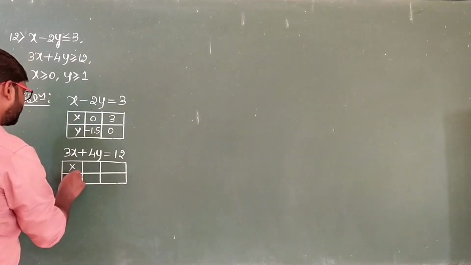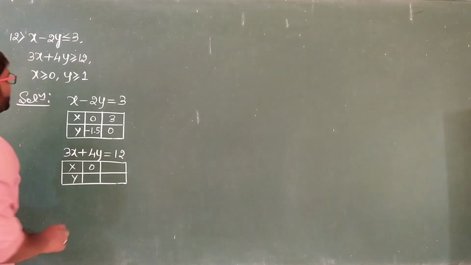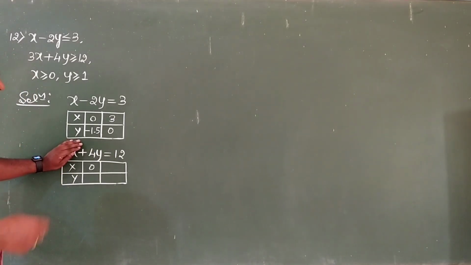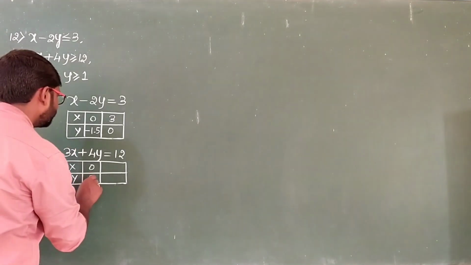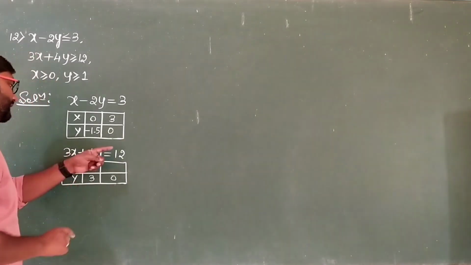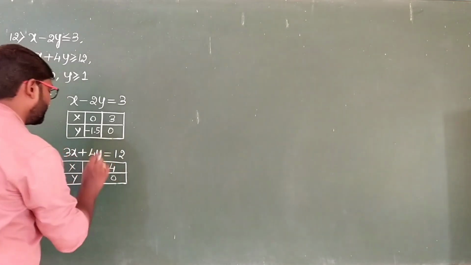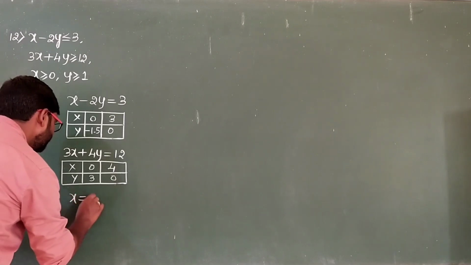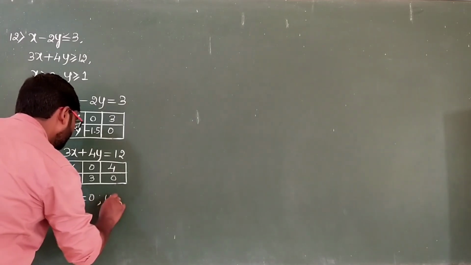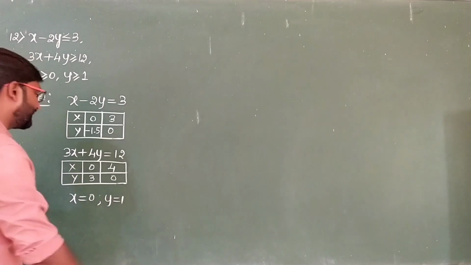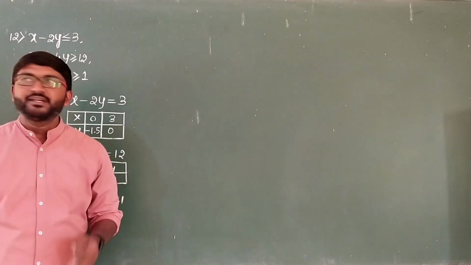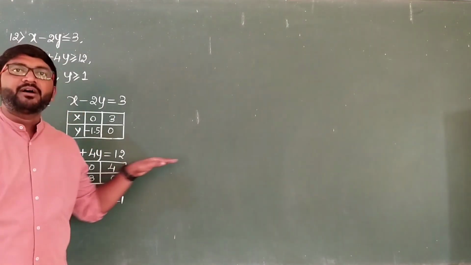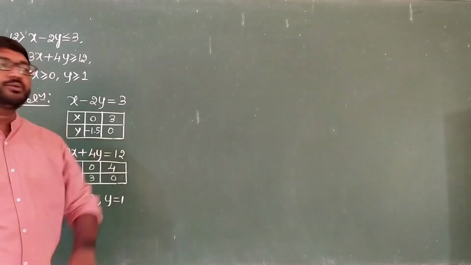So x and then y, when x is 0 we get 4y equal to 12, y will be 3, and then when y is 0, we get x equal to 4. Then the last two are x equal to 0 and y equal to 1. X equal to 0 means it is the y axis, and y equal to 1 means it is a horizontal line, the line which is parallel to x axis.